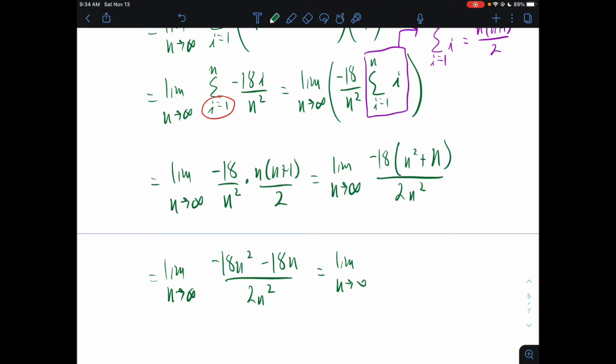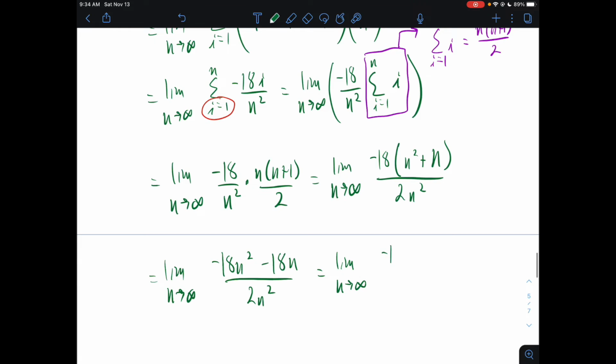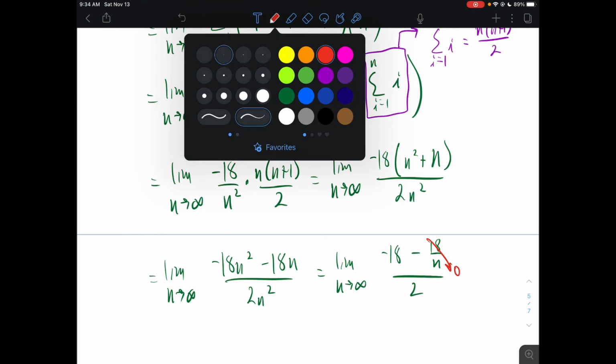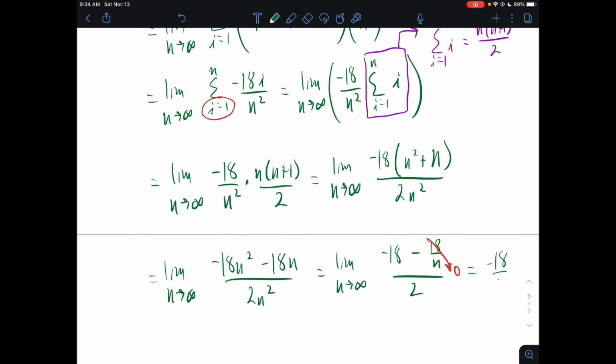So negative 18n squared divided by n squared is negative 18. Negative 18n divided by n squared is negative 18 over n, and 2n squared divided by n squared is 2. As n goes to infinity, 18 over n goes to 0, and you end up with negative 18 divided by 2, which is negative 9. So the area that we get is negative 9.